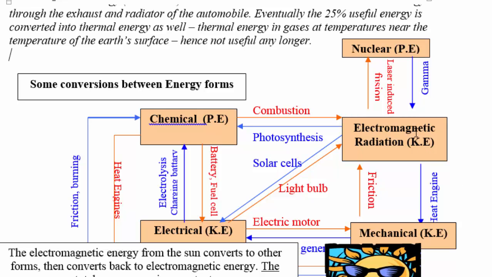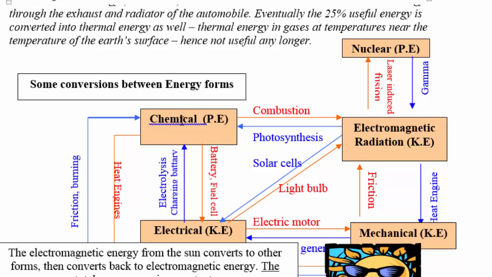Also in heat engines, the electromagnetic radiation can be converted to mechanical kinetic energy. Also, due to friction, any mechanical kinetic energy will be converted to electromagnetic radiation, basically infrared. Any heat actually will turn into infrared radiation. Electrical kinetic energy will be converted to light in light bulbs, while in solar cells the light will turn into electrical kinetic energy.